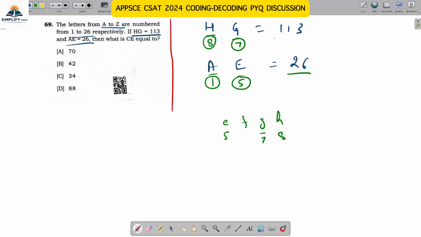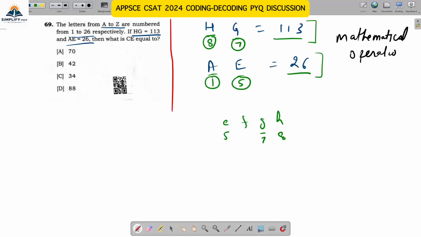Now how are these numbers coming? First of all, see, this is a big number, 113. 87 is not directly it. Means some mathematical operation is involved. So this question is basically about finding which mathematical operation is involved here.